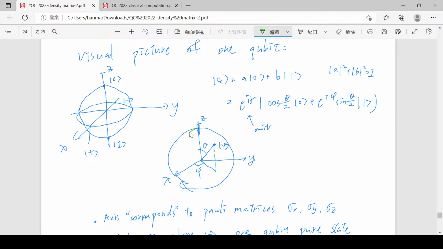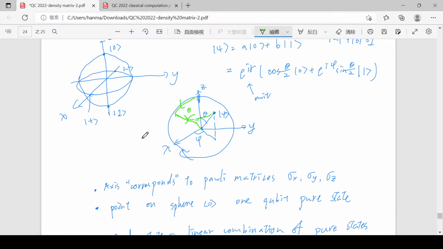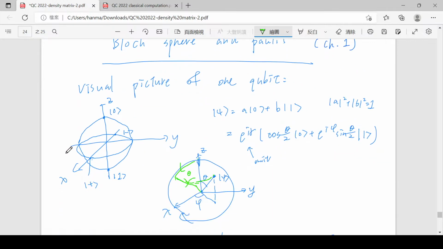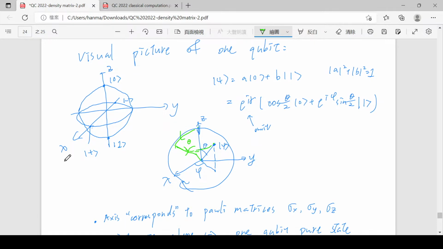You first go down some angle theta here, then you rotate by some angle phi. So you can go here and go here. So this is the point that corresponds to theta and phi. That's something. You can do the calculation and find the point on the sphere corresponding to your A0 plus B1.